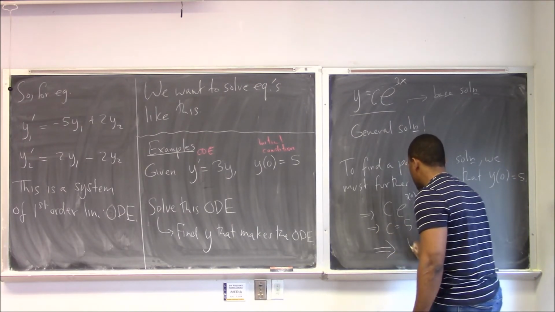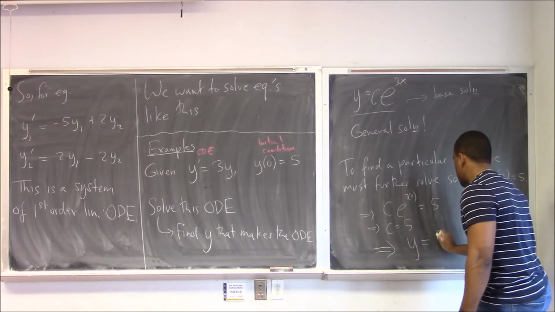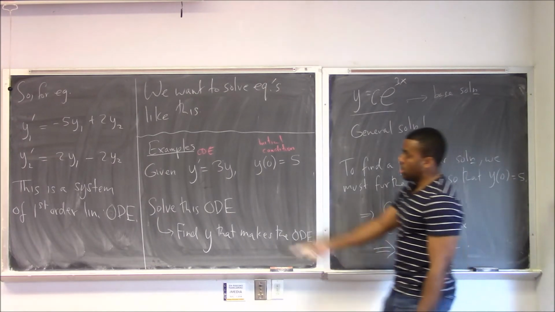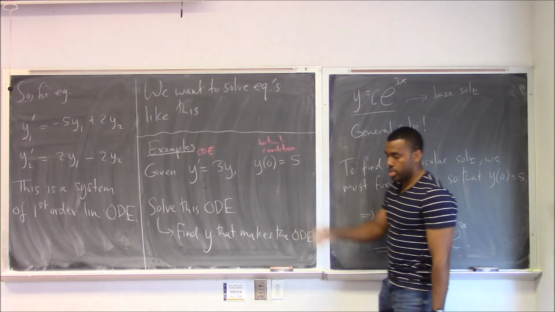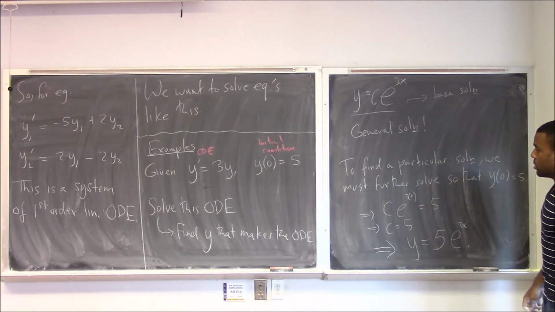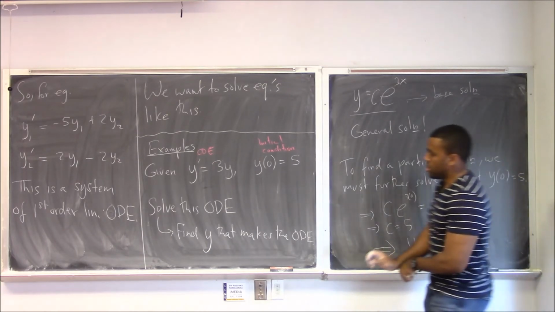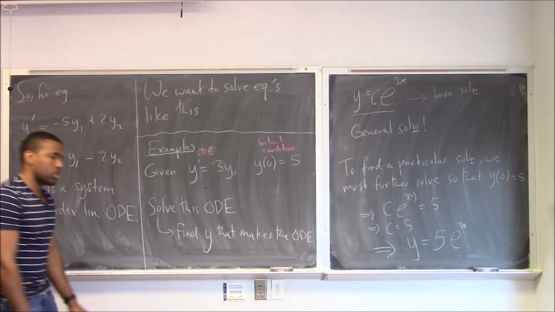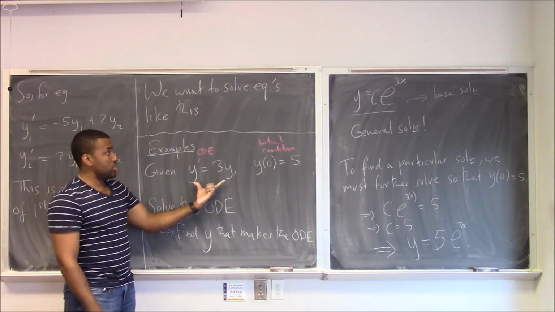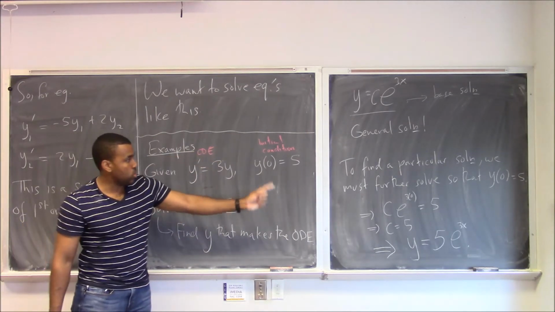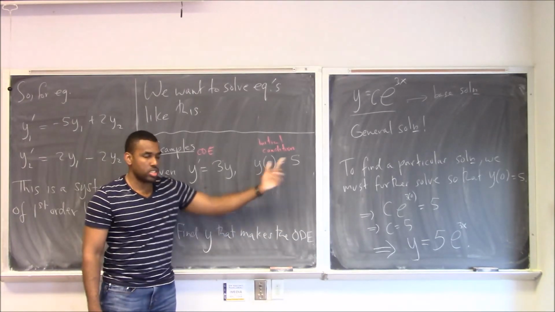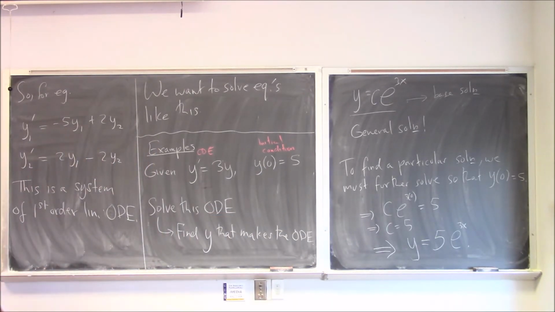So the particular function I'm looking for is 5e to the 3x. This is a function that solves this equation, and that condition will work. If I plug in 0 here, the output is 5. This is what we call a homogeneous first order linear differential equation with an initial condition. All guys of this form have that kind of solution, and we can solve for particular solutions by just plugging in these numbers and solving for the arbitrary constants.